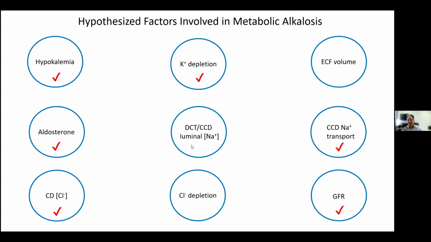But if you think of it more logically and with more resolution, when you volume deplete a patient, what you're doing is you're avidly increasing proximal tubule and thick ascending limb sodium transport. So by the time the sodium gets to the cortical collecting duct, the concentration of sodium in the lumen is low, and ENaC is fine. However, the amount of sodium transport per unit time that can go through ENaC is less.